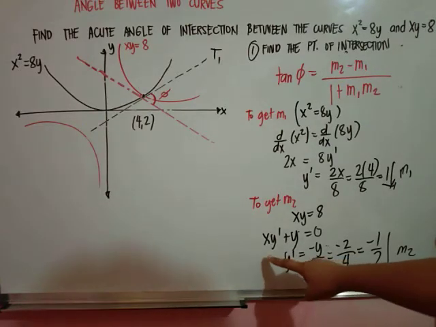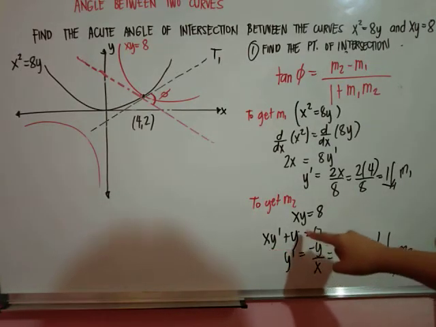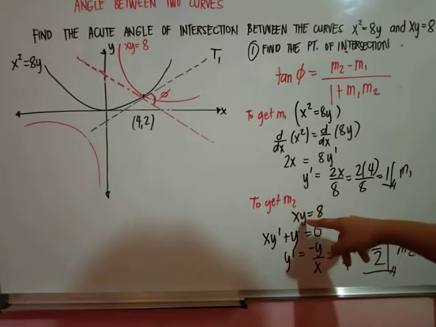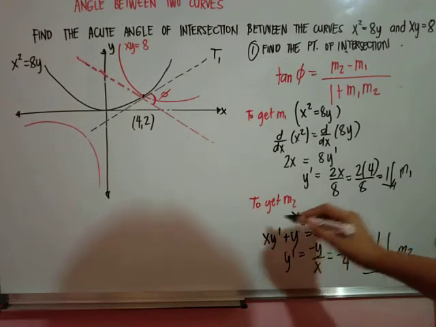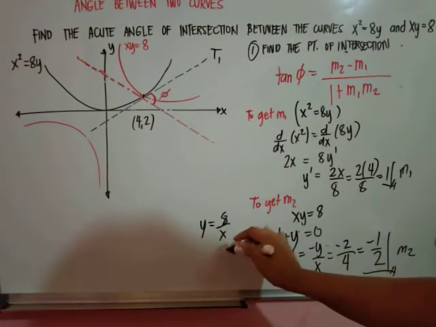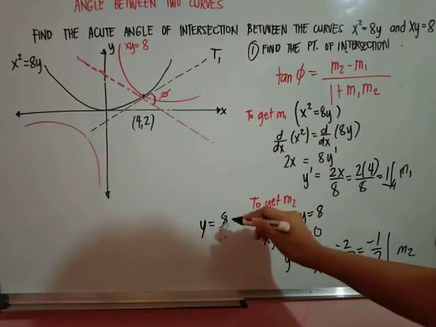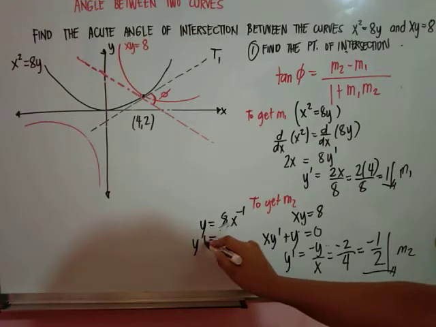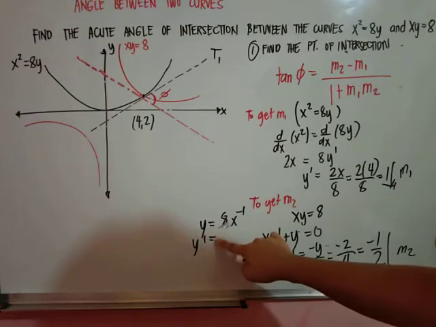So, pakirecall na lang tayo ng implicit differentiation. Hindi na pala sana mag-apply ng implicit dito, pwede naman nating i-equate directly sa y equals 8 over x or 8x raised to negative 1. So, pag dinerive natin to, y prime directly, we can have the value.